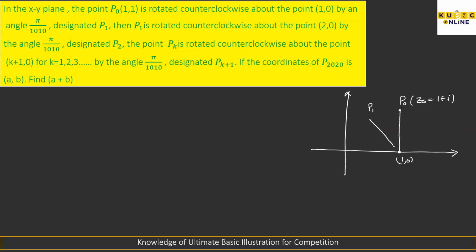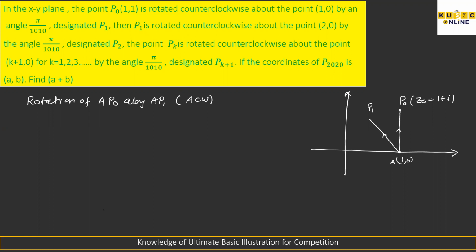So we have to rotate this point P0 about (1, 0). Let us take this point as A. So the vector AP0 is rotated along AP1 in the anti-clockwise direction. So this direction is anti-clockwise.